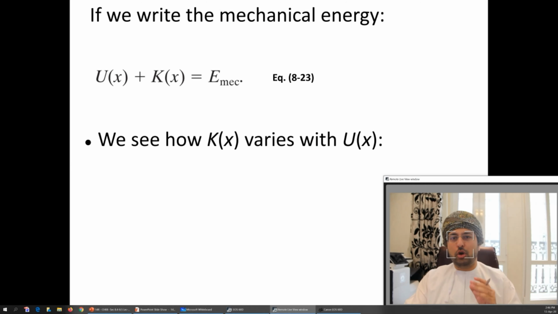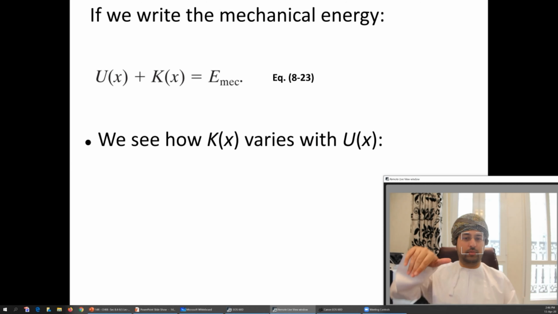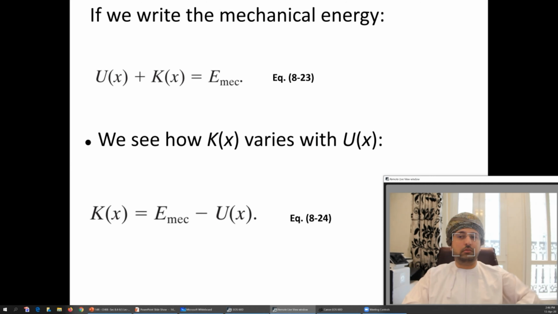I'm pretty sure all of us know how it goes, because we looked at this in the previous lectures. There were some nice simulations we did with pendulums and with springs. Well, if we just rearrange, our kinetic energy is whatever remains from the mechanical energy once we take out the potential.